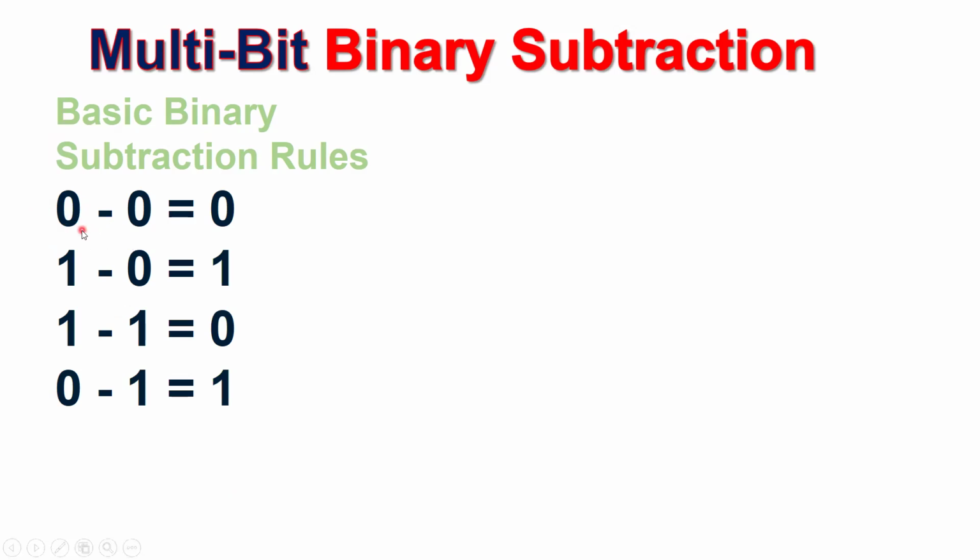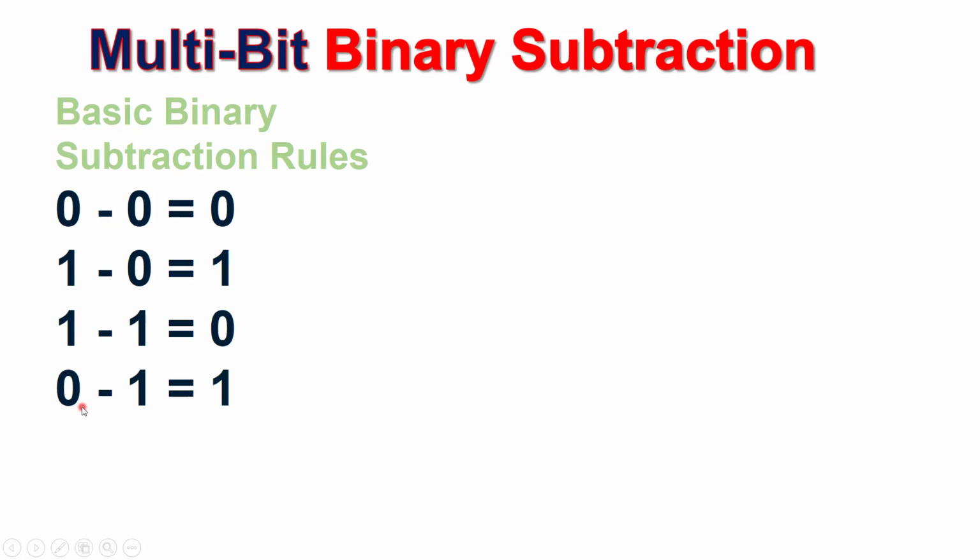The first bit here is called minuend, and the second bit is called subtrahend, and this is the difference, that is the output here. So 0 minus 0, the difference is 0. 1 minus 0, the difference is 1. When you want to subtract 1 from 1, that is 1 minus 1, the difference is 0.